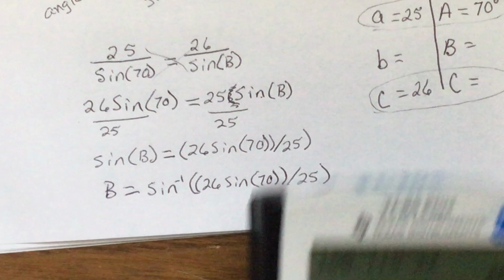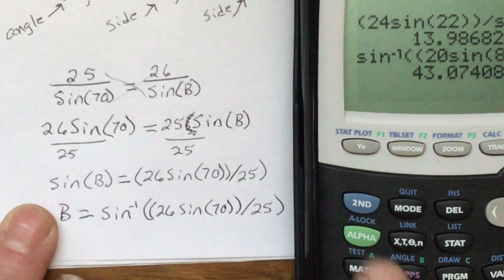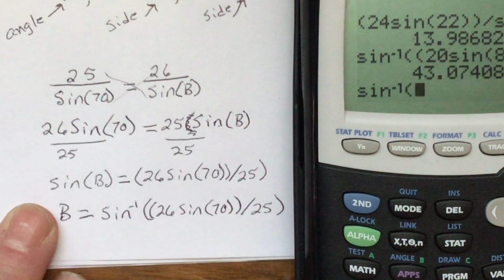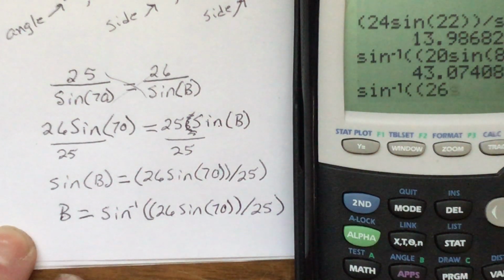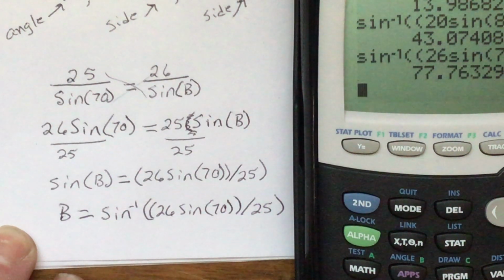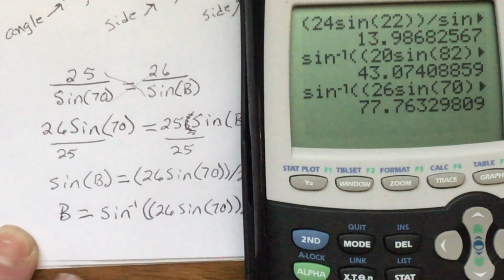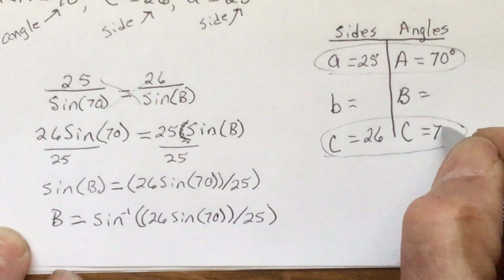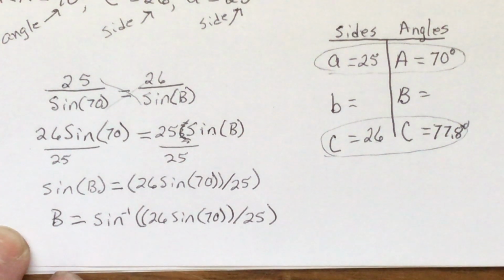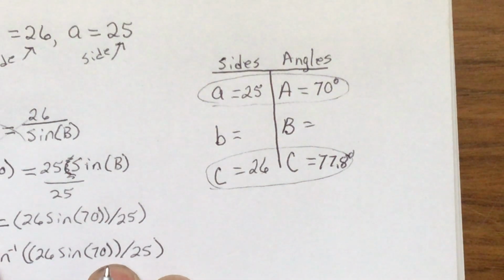And here we go. Inverse sine 26 sine 70 divided by 25 equals 77.8. So C is 77.8 degrees. Now you will have to do one more sine ratio.